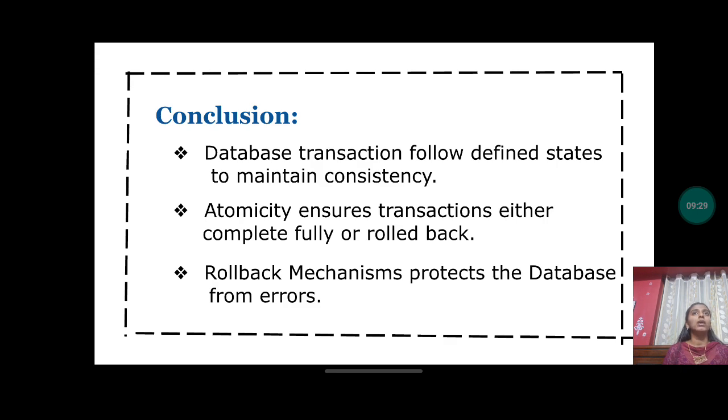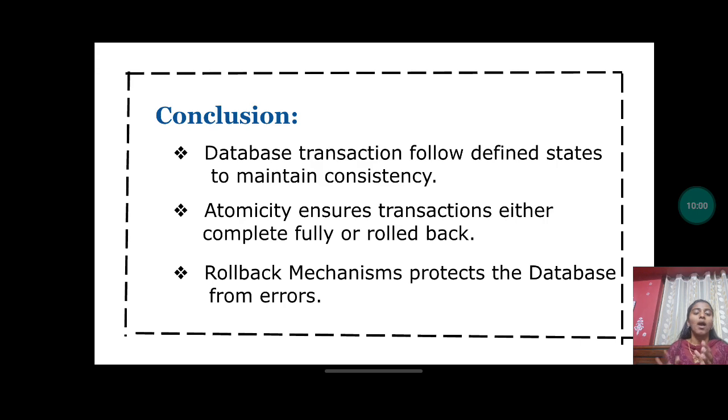Due to inconsistency in transaction management, the database follows some steps to maintain the consistency of data. Atomicity defines that a transaction is indivisible, so the transaction should not be divided. It should be like a unit that should not be divided.